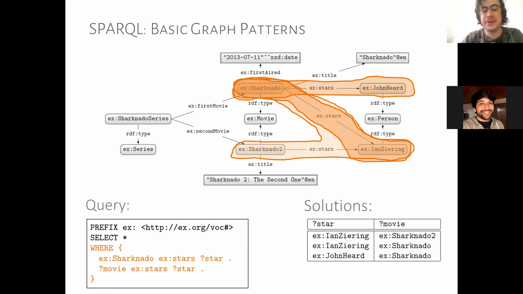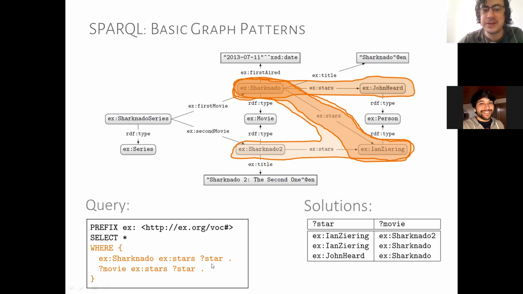Yep, exactly. So here we fix star to be all of the stars of the Sharknado movie, and then we can join that with some other information. We could ask what types of things they are, which would not be very interesting, but if we had more information, we could ask for their dates of birth or whatever we would like.